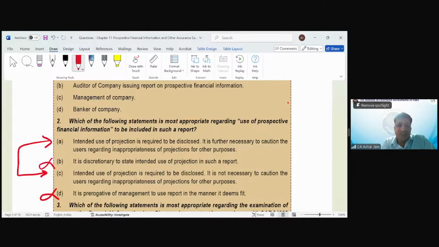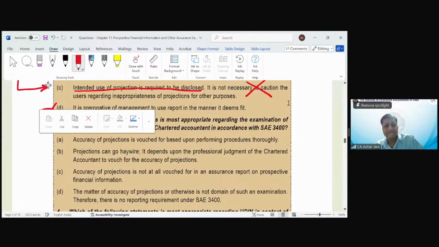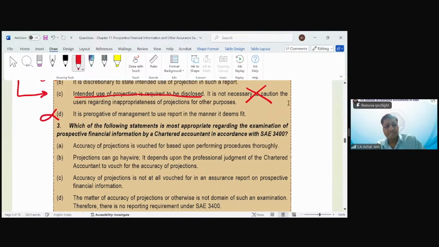This first part is very clear. Now the point is, is it necessary to caution the users regarding the inappropriateness? Of course, yes. So that's why it has to be A, not C. Next. And also I think I read that the distribution and the use is restricted. Yes. Only for the specified user.